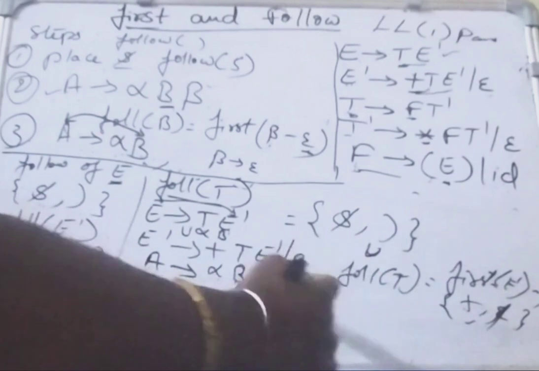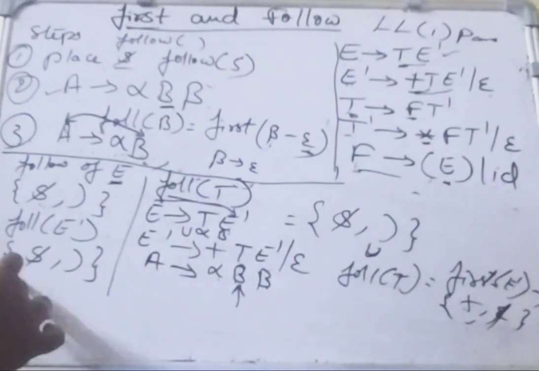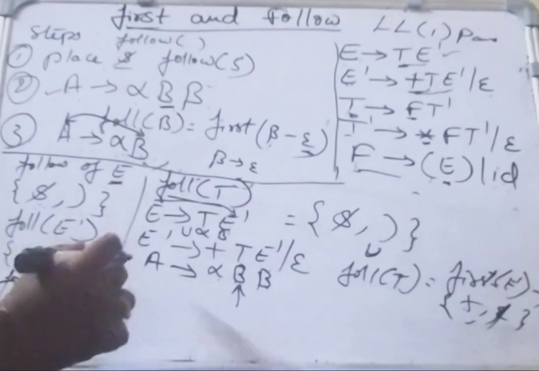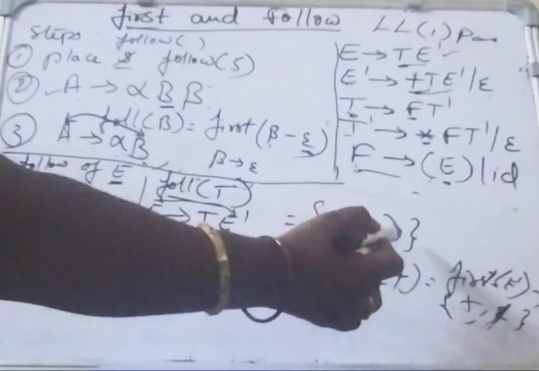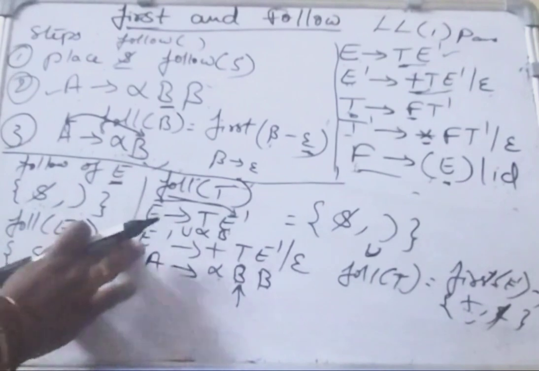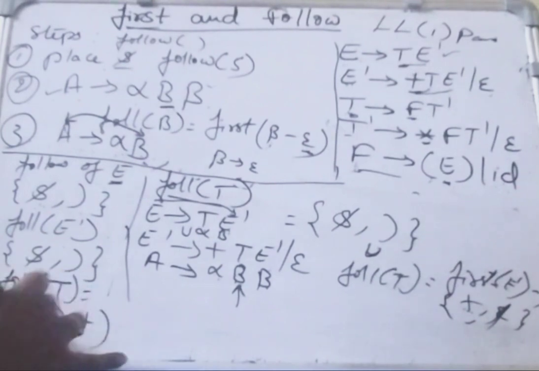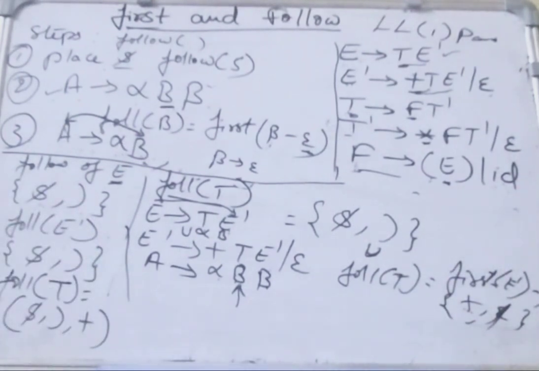So you will get follow of T, sorry, T. Follow of T is equal to dollar, greater than and plus symbol. So this is for follow of T. Okay guys, next we'll compute follow of T dash.